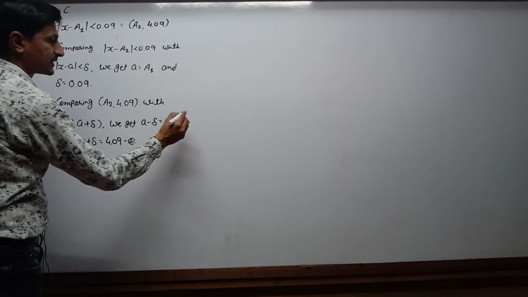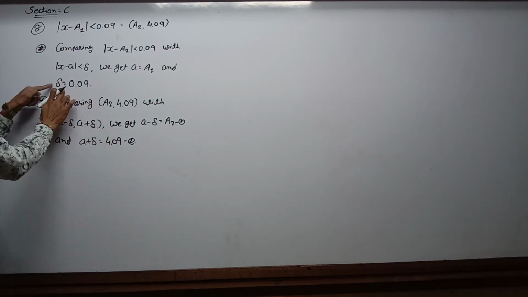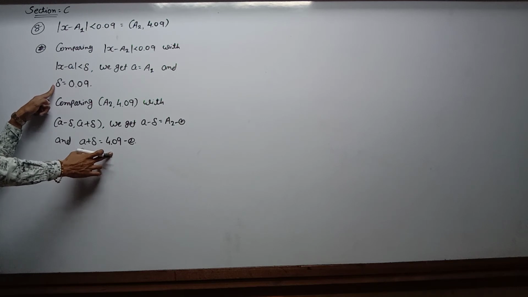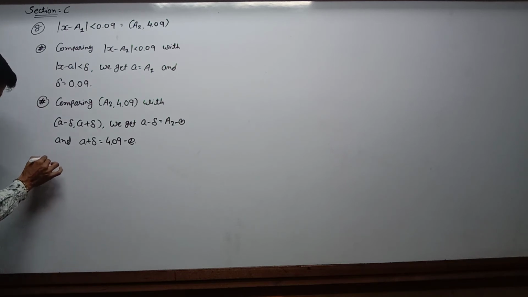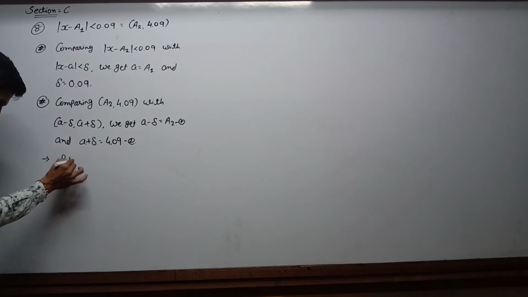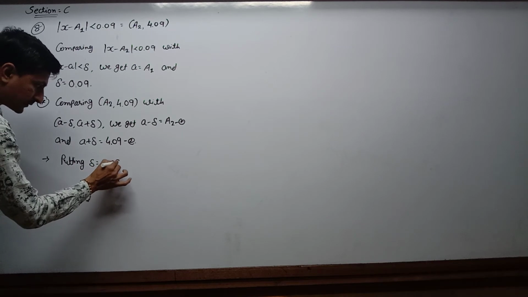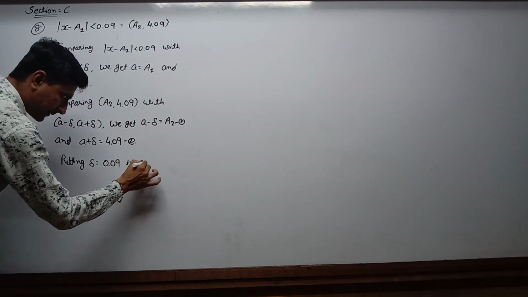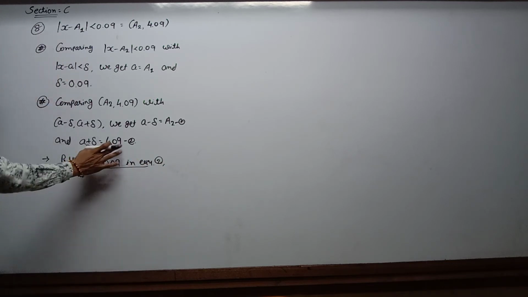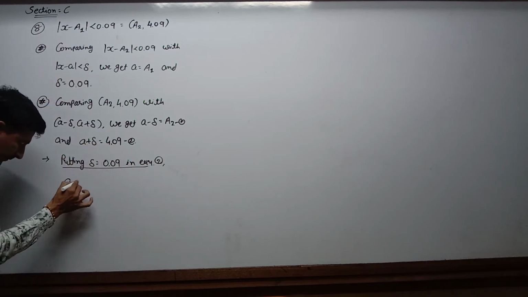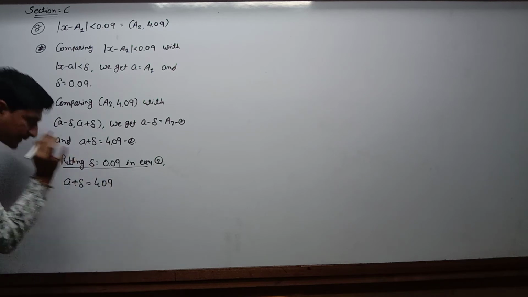Here write down the first equation. So first of all delta, the value given in the second equation we will write there, so a will be found. Now next step, putting delta is equal to 0.09 in equation 2. So second equation, first of all write down a plus delta is equal to 4.09.